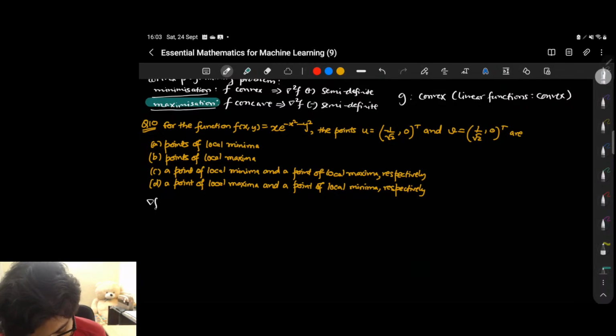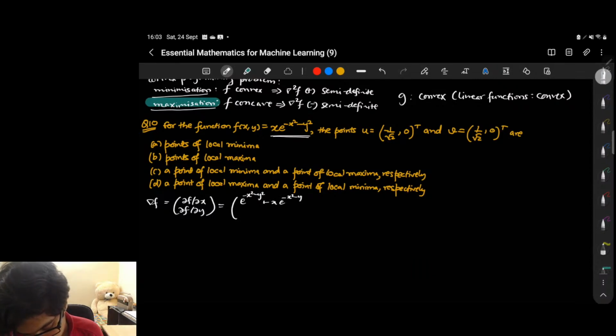So gradient of f is, so we need to use the chain rule to differentiate this function. So this is like a product of two functions, x being the first function and e to the power minus x squared minus y squared being the second function.